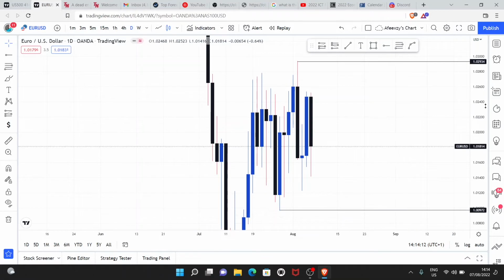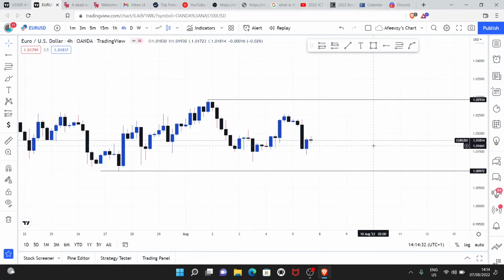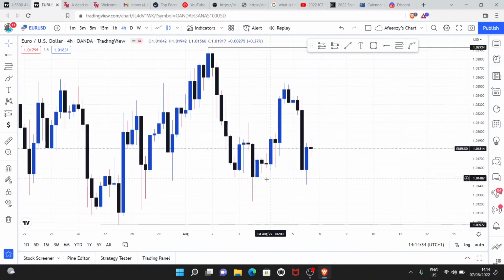There was nothing, it filled here and nothing is coming to fill here, except it's coming to this, but I don't know if it's going to come here. I think we are going to continue going higher, clearing the buy side liquidity, from my own view. So on our 4-hour time frame, we can see the sell side liquidity grab here.